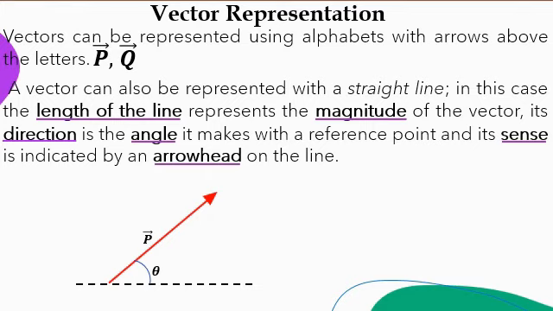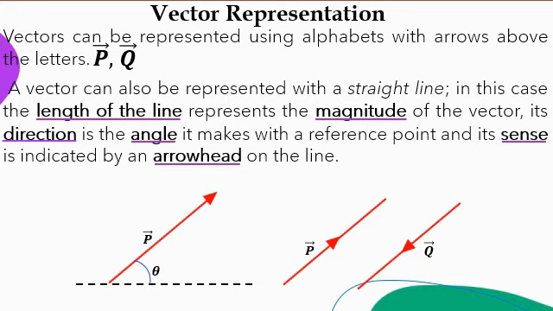Now, you may be wondering what's the importance of the sense. Let's look at this. If we have a straight line representing a vector, and then we have the sense of the vector, let's call this P, and then we have another line, and the sense of the vector, Q. Now, what do you observe? You can see that the two senses are not pointing in the same orientation.